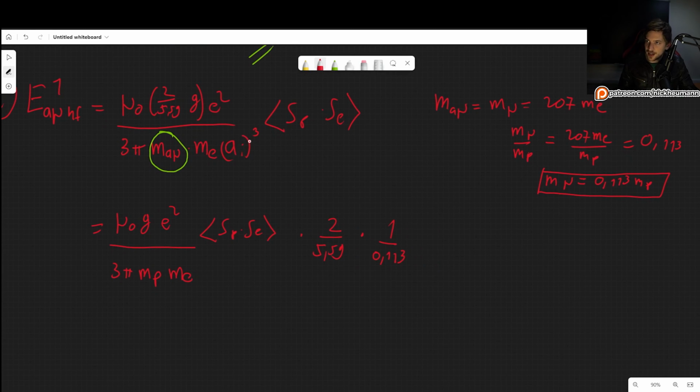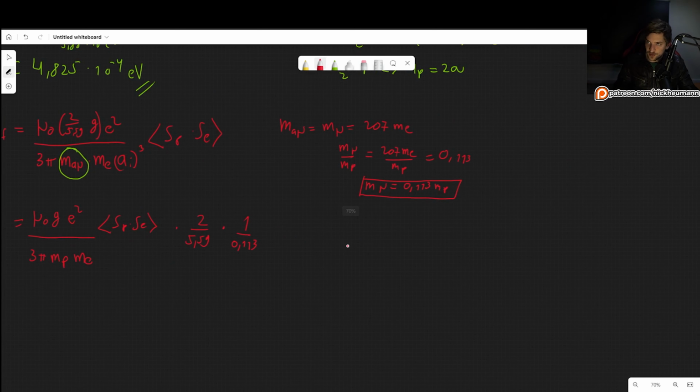And now we need to find the modified Bohr radius. Now we can't use the same as before, right? So we have a over a of the anti-muon. Before we had a over a of the muon, but it was a different situation because we had a muon instead of the electron. Now we have an anti-muon instead of the proton. So this will be 1 over m, right? That is the relation. So the reduced mass divided by the mass of the electron, right? Because that is the case, of course, for the regular a.